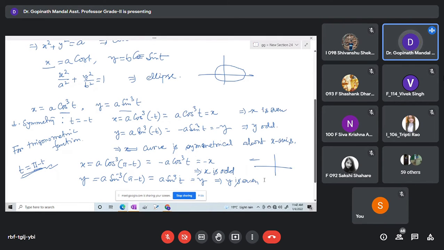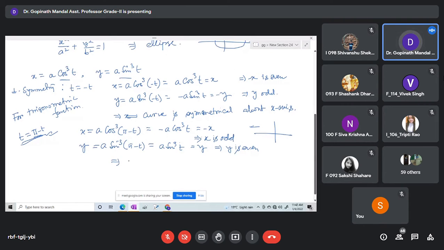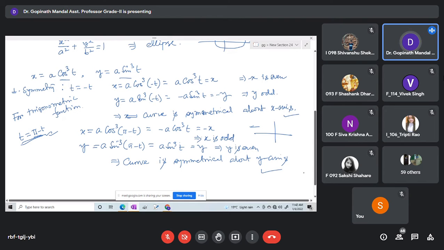In that case we say that the curve is symmetrical about the x-axis. So the curve is symmetrical about both the x-axis and y-axis.